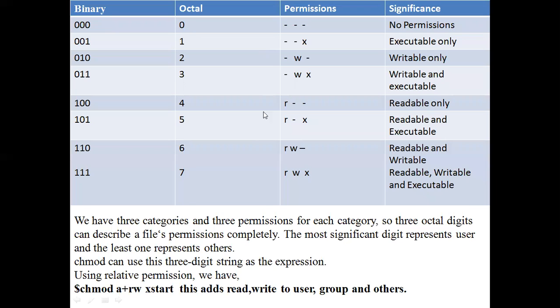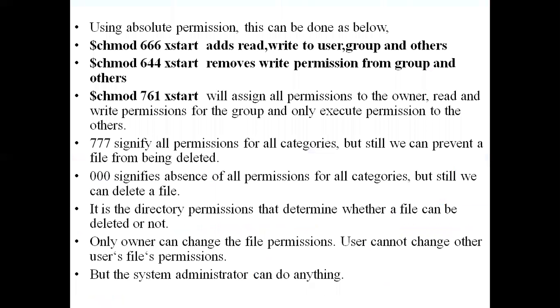Each octal digit will be used for one category of user. So totally we need 3 octal digits to allocate file permission for all the 3 categories of users. However, your file permission can be overridden by the directory permission. That is what has been explained here with some examples.